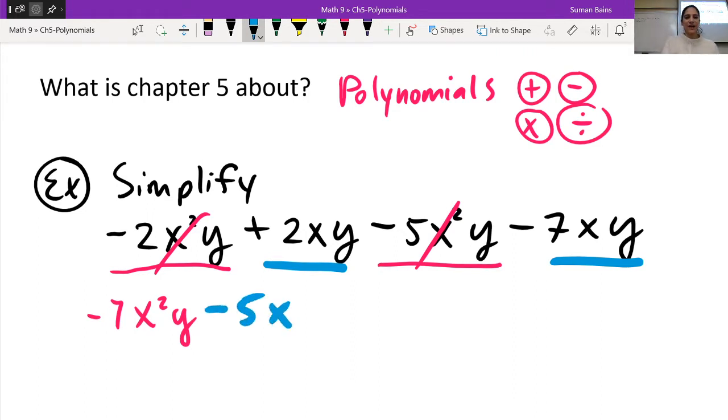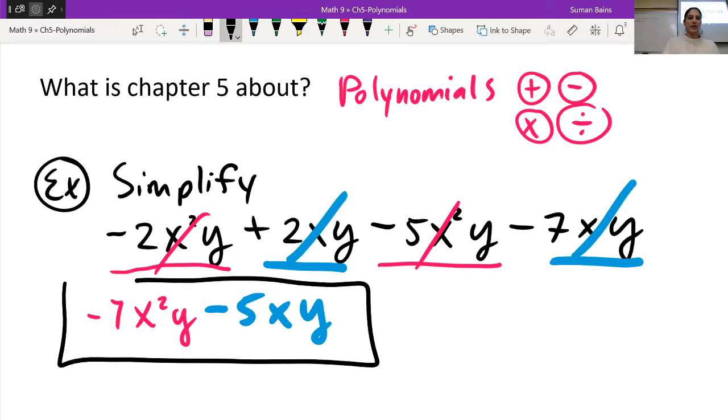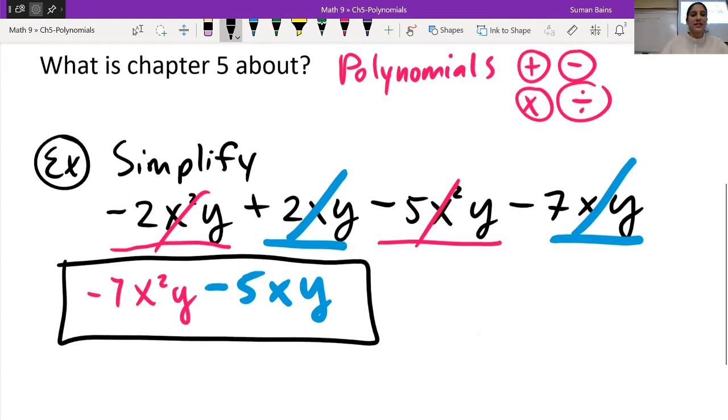Excellent, negative 5xy. So after all that, this is going to be our simplified solution. Nice way to warm up and get back into this. Is this coming back to us? The only other thing I could do is give you different variables instead of x squared y and xy, but the procedure is exactly the same.